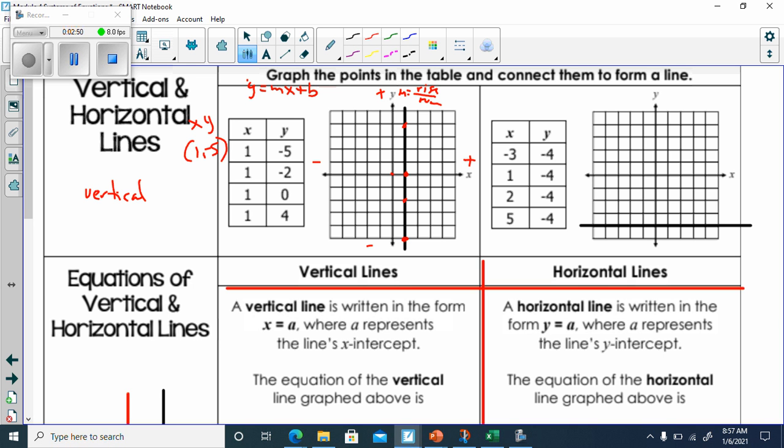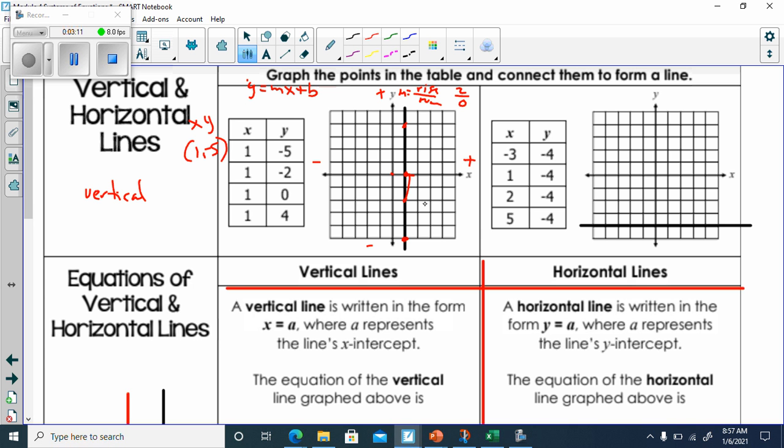To get from this point to this one, I'm rising 2, but I'm not running any. I can't divide by 0, so this is undefined. So I've got nothing for the m, I've got nothing for the b. This doesn't even make sense, does it? Because they're not 0, they're just undefined.